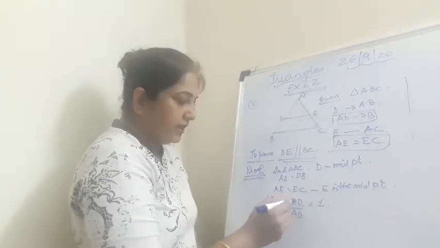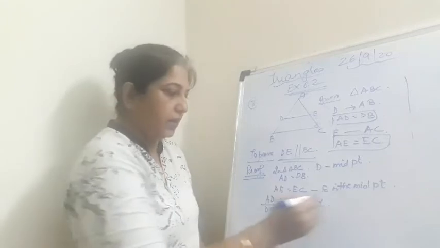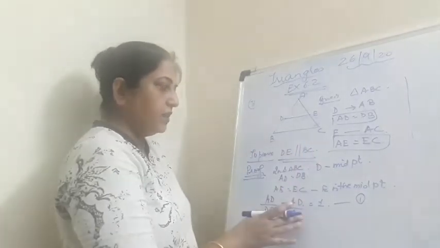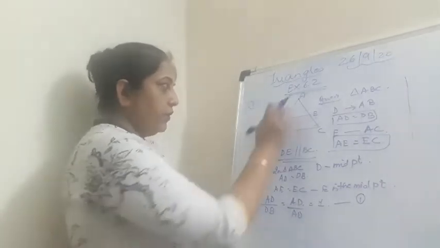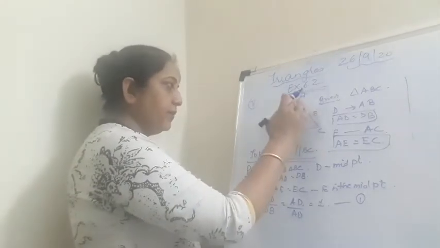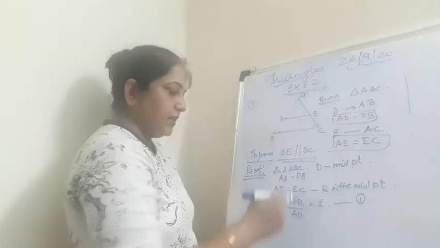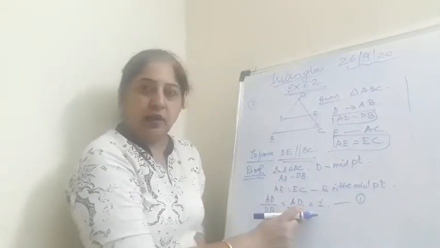Why? Because if I cancel AD and AD, I will get 1. So this I write as equation number 1. I hope this part is clear to you, that AD upon DB will be AD upon AD because they are equal sides, and that will give me 1.